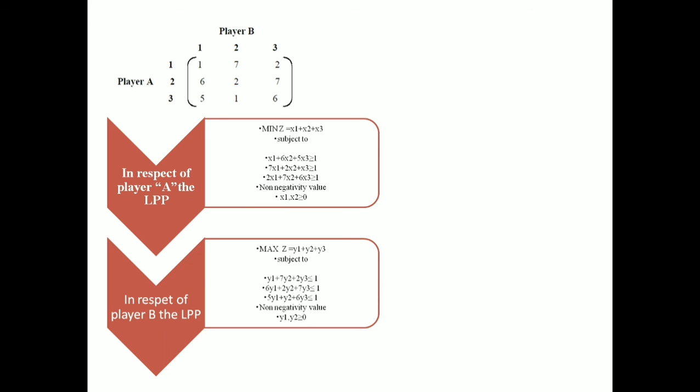Subject to y1 plus 7y2 plus 2y3 less than or equal to 1, 6y1 plus 2y2 plus 7y3 less than or equal to 1, 5y1 plus y2 plus 6y3 less than or equal to 1. Non-negativity is y1, y2 greater than or equal to 0. This is the way you can formulate an LPP for a game problem.